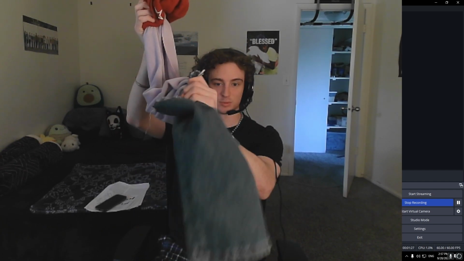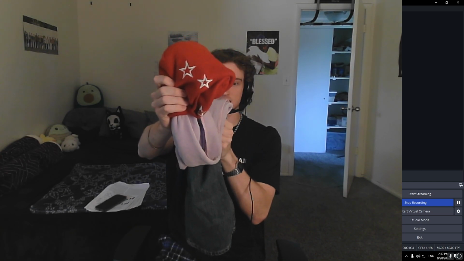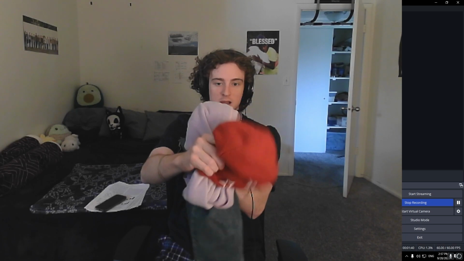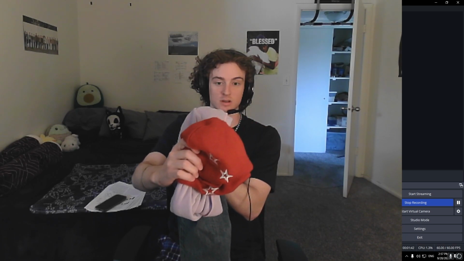Okay, so I got this, right? Artery, venous is blue, right? So it divides, and it goes like this. So we see the ventricles pumping out here, but then we see the atria on top, right? So we see that type of folding.